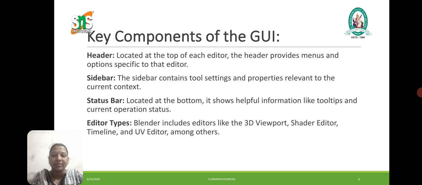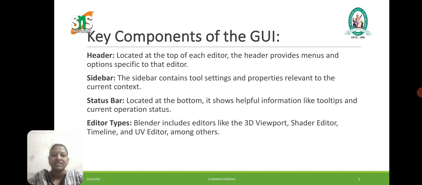We have the properties, tool settings, toolbox, layers, solution explorer, and a number of things that appear in the sidebar. Next is the status bar, which is located at the bottom of the screen and shows the current operation status, that is where we are working and what is the x-axis, y-axis, and the position of our cursor. Everything will be mentioned in the status bar.